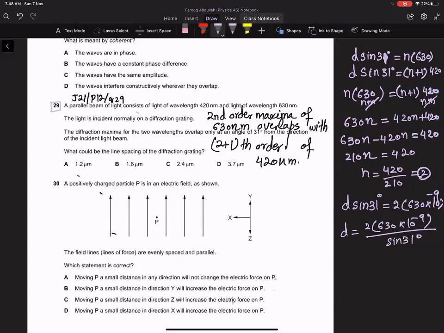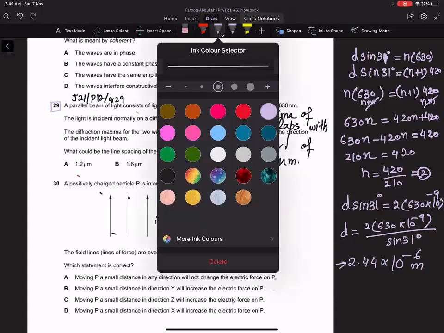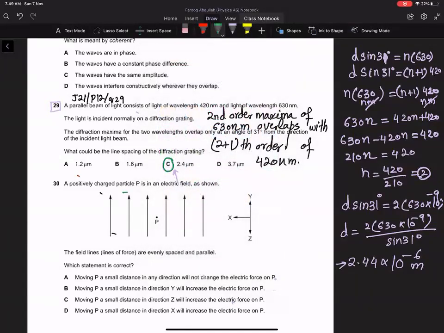Now if we use calculator, 2 into 630 into 10 power minus 9 divided by sine of 31, the answer comes to be 2.44 into 10 power minus 6 meters. According to this, the answer should have been C. So C should be the answer. It was a good question.